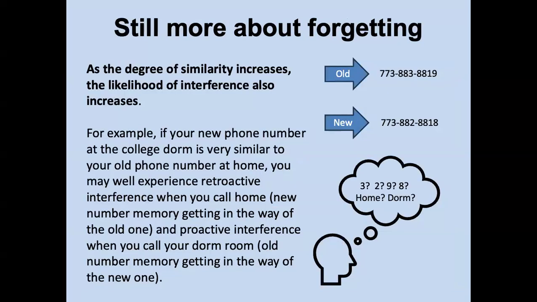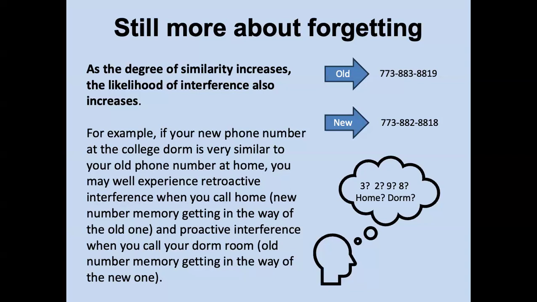Okay, so more about forgetting, because this is important, right? Especially as students. As the degree of similarity increases, the likelihood of interference also increases. So if you are unfortunate enough to have your home phone number be 773-883-8819, and then somebody gives you a phone number at the dorm and it's 2 digits different, okay, 882-8818, you're in for a world of trouble, because it will interfere both ways.